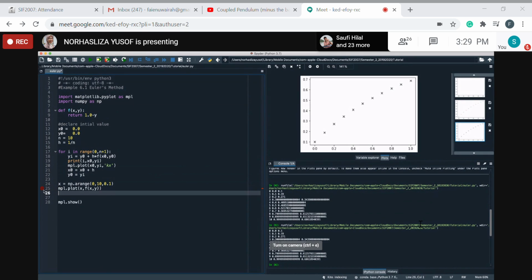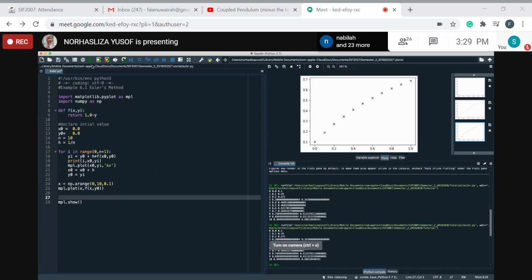You can see here again, it doesn't understand what the value of y is. In this case, you can put y naught, for example, because if you just put y, the code doesn't know where to find y. Here our y starts as 0.